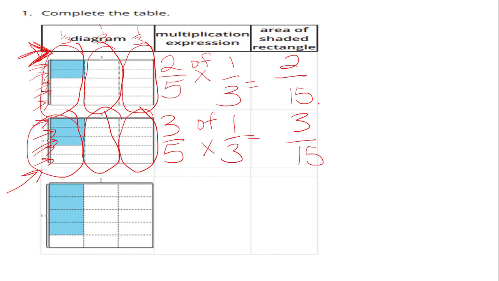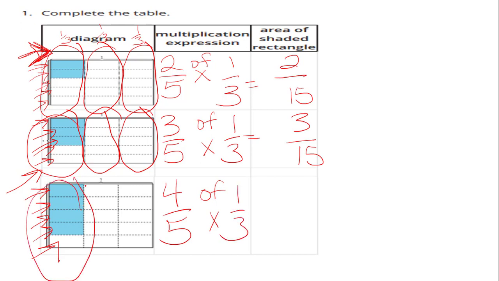So the area of the shaded rectangle for figure 2 is 3/15. Okay, let's look at this one. I have 1, 2, 3, 4 shaded out of 5 of one of the third sections. So 4 times 1 is 4, 5 times 3, 15.